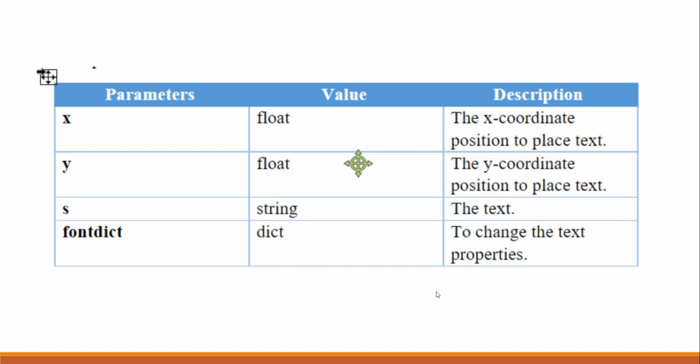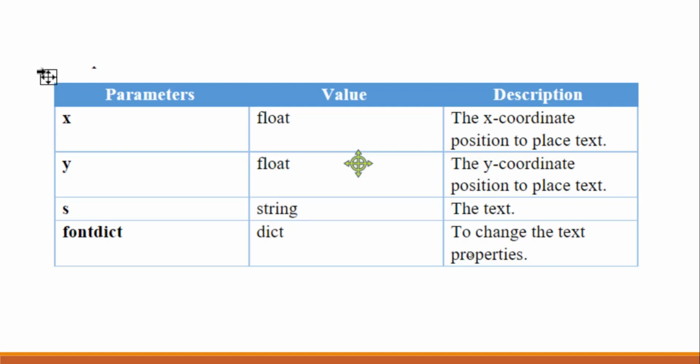The next one is y. It will also take a value as a float and it is the y coordinate position to place text. The next one is s. It takes a value as a string and it is the text which we want to add. The next one is fontdict. It takes a value as a dictionary and it is used to change the text property.